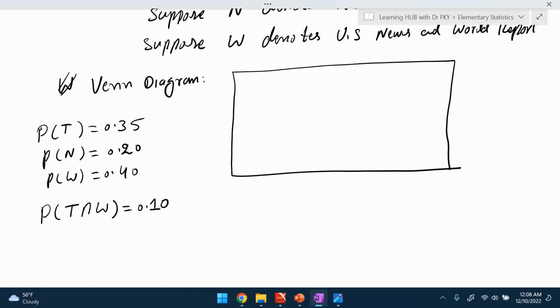We have already drawn the sample space, and now it has three events. Time magazine and W have some common point, and Newsweek has no intersection with the others. So you can draw Newsweek on the side. There is no common point with Newsweek, so this should be a circle.